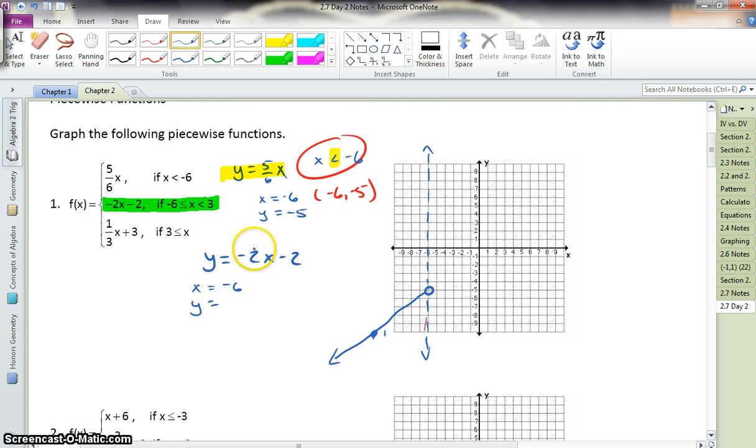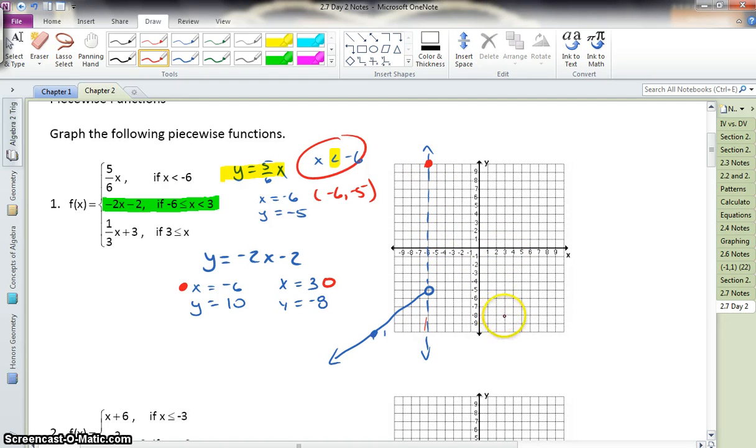Well, -6 times -2 is +12 minus 2 would be 10. And then when x is 3, -2 times 3 is -6 minus 2. Y is -8. Please keep in mind that at -6 we have a closed dot, and at 3 we have an open dot. So -6, 10 is here.